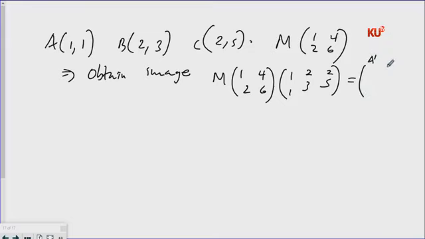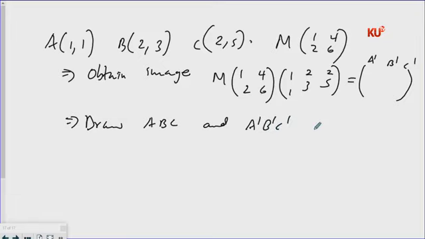Then you have A prime, B prime, C prime. You get the image for A prime, B prime, C prime. Then once you obtain that, you simply draw ABC, and A prime, B prime, C prime on the Cartesian plane.